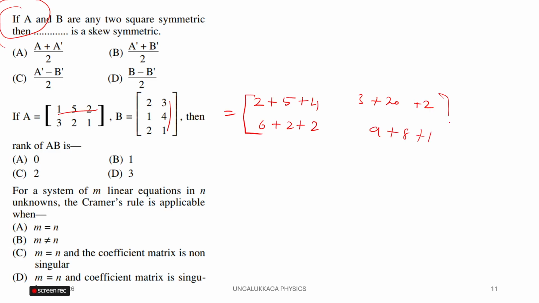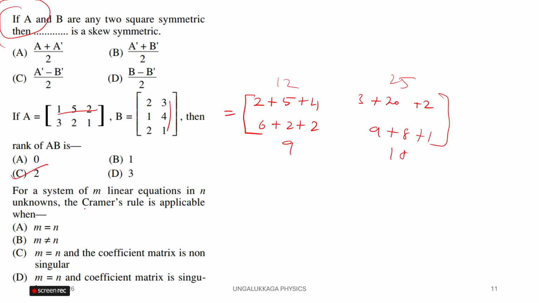You don't need to evaluate this, since they just asked for the rank of the matrix. The rows are unique, so the rank of the matrix is 2, right?